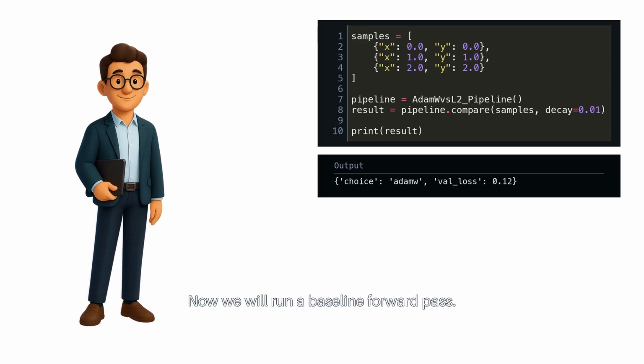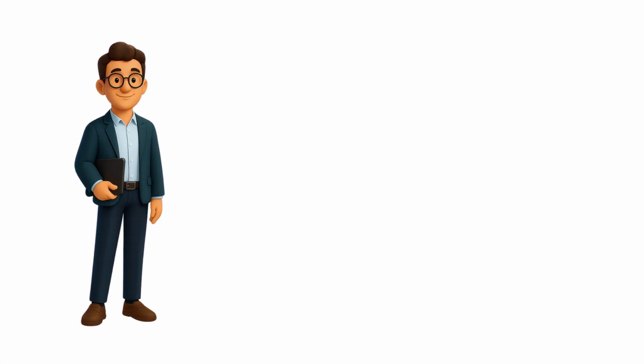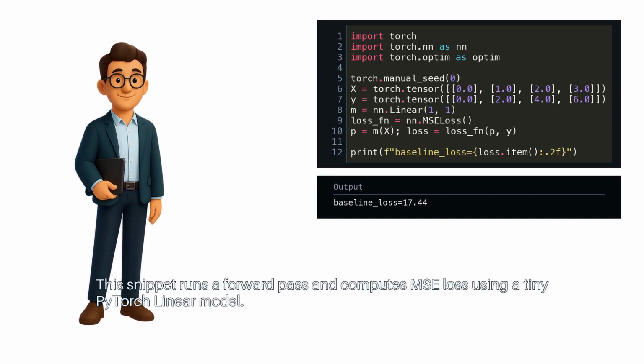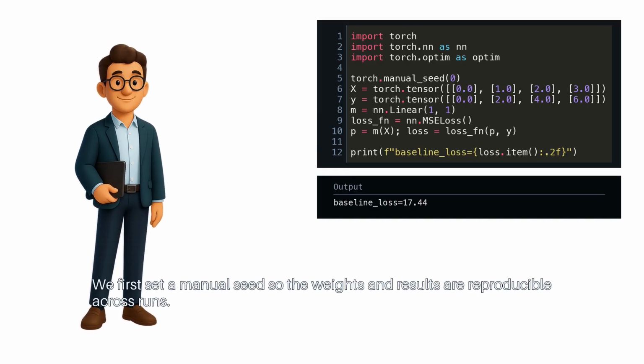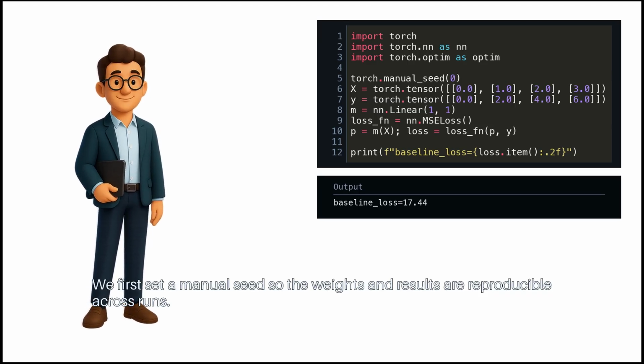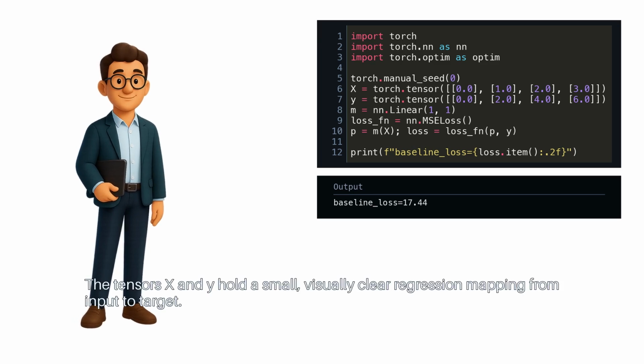Now we will run a baseline forward pass. This snippet runs a forward pass and computes MSE loss using a tiny PyTorch linear model. We first set a manual seed so the weights and results are reproducible across runs. The tensors x and y hold a small, visually clear regression mapping from input to target.